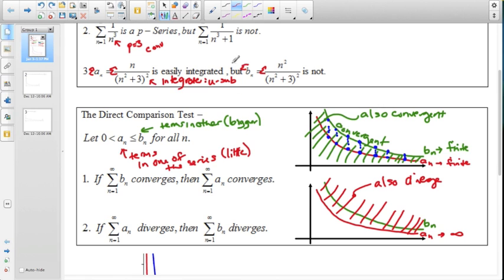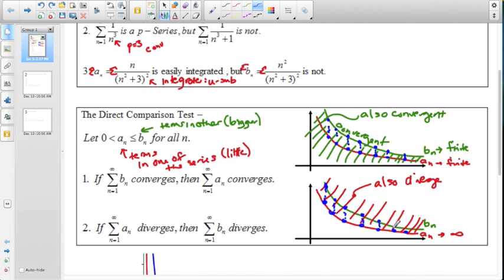If we look at A sub n term by term, B sub n term by term is going to be larger for each and every term.